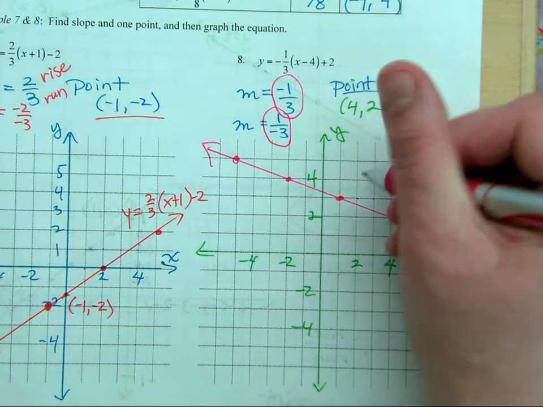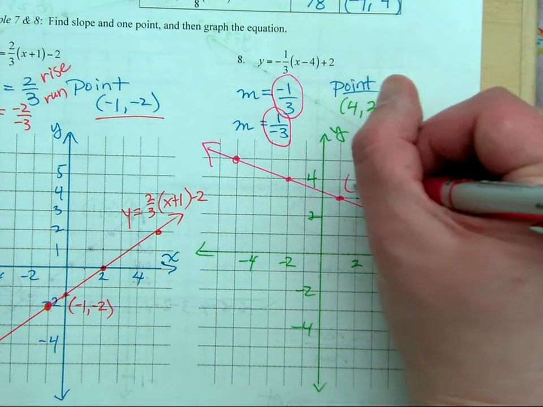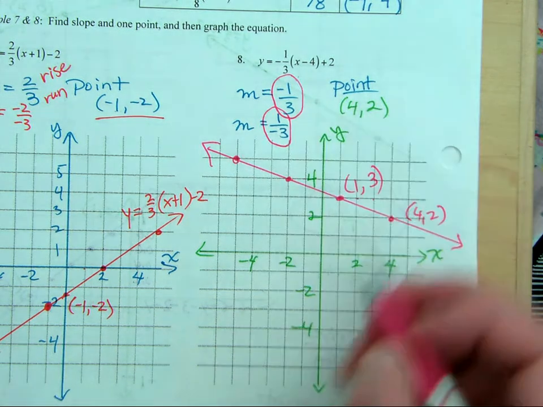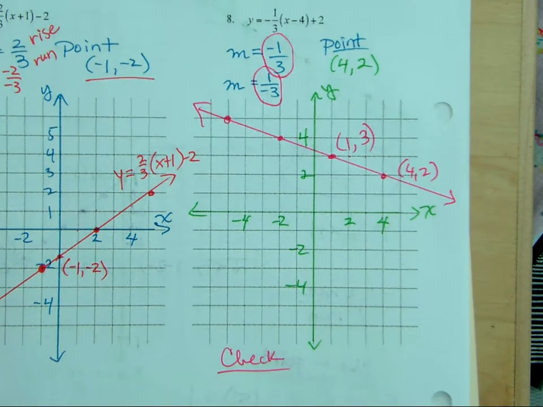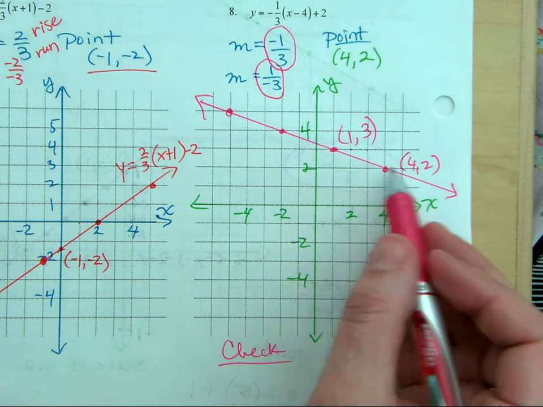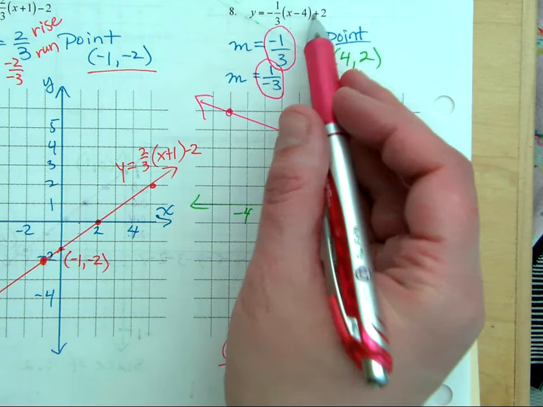But literally, you can take any point that's on that line. This is the idea of a checkpoint, okay? Students, for whatever reason, don't like to check their work. They like to do the work, but they don't like to check to see if it's correct. So you could take any point from the line. I'm going to grab this point, 1, 3. If I plug it in, it should work out.